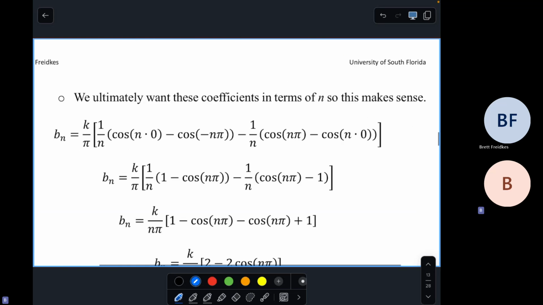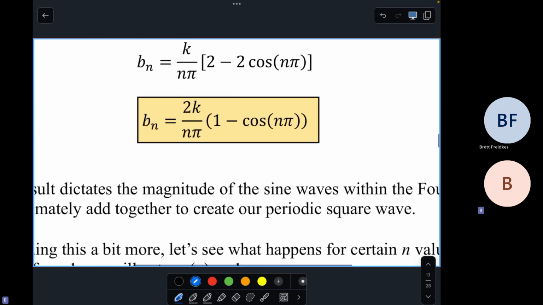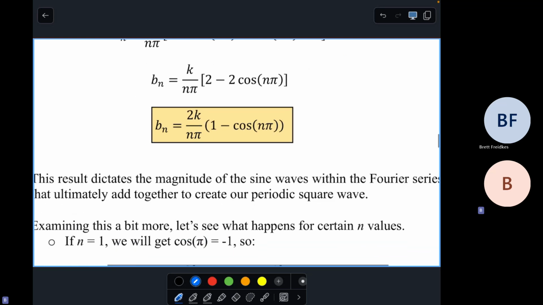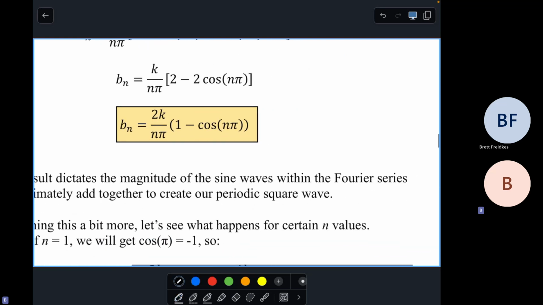If you go through this, you end up getting this expression for b sub n. This is very specific for this example. So what does this mean? b sub 1, that's going to be the coefficient of our first sine wave.